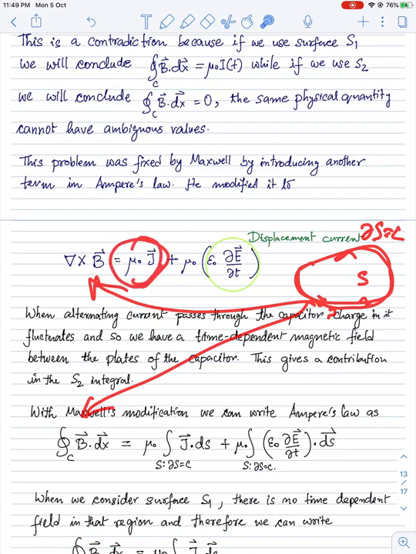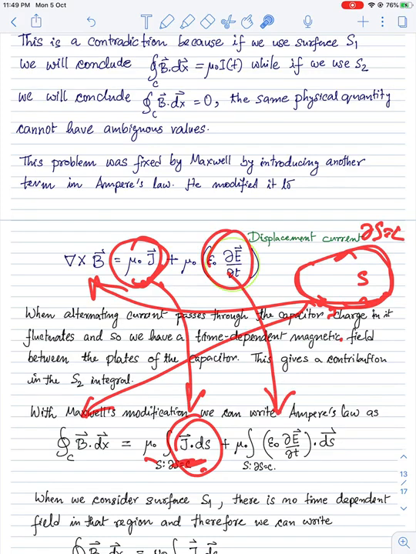So this part of the equation becomes the line integral of the magnetic field. And the part which is mu naught J becomes mu naught times the integral of J through the surface S.